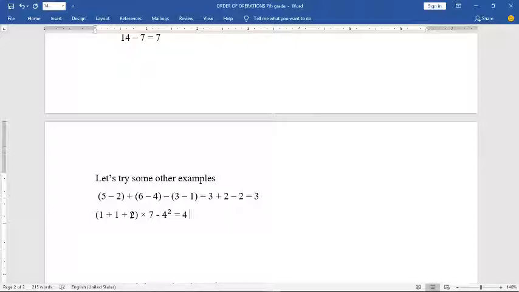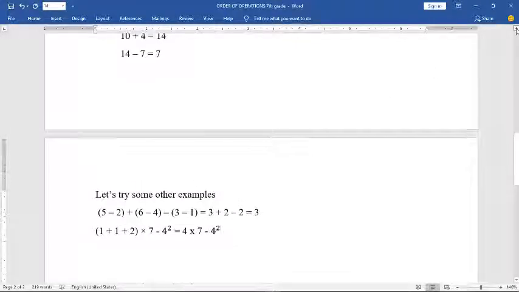And after that, we have the multiplication sign, times 7. 4 times 7 minus 4 raised to the second power. And we are not done with the problem.